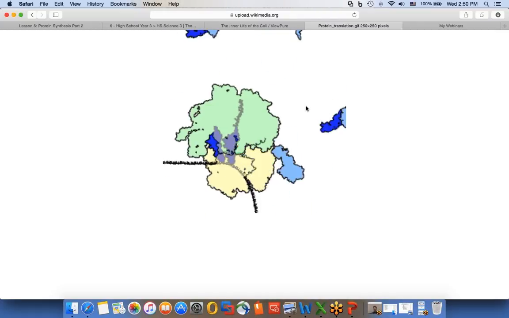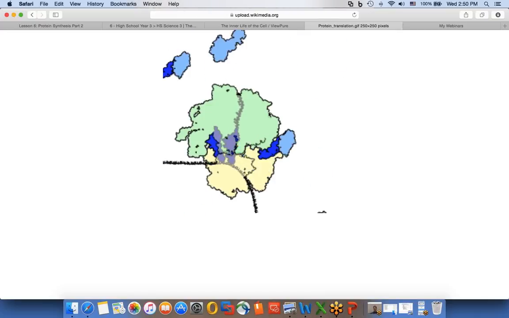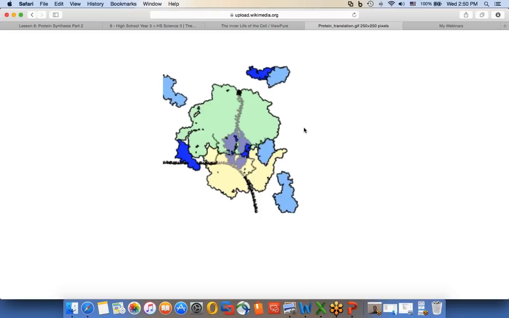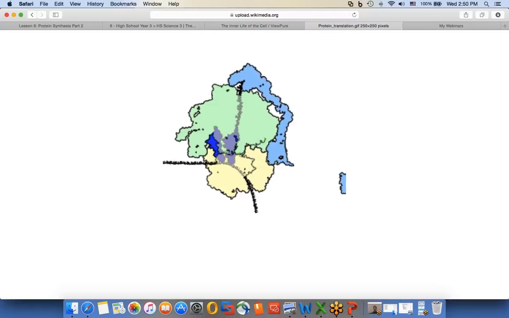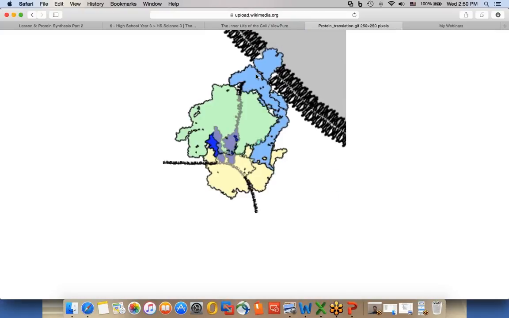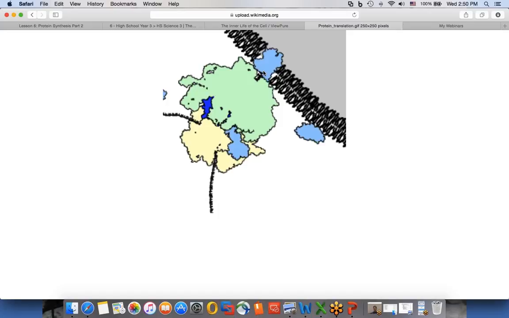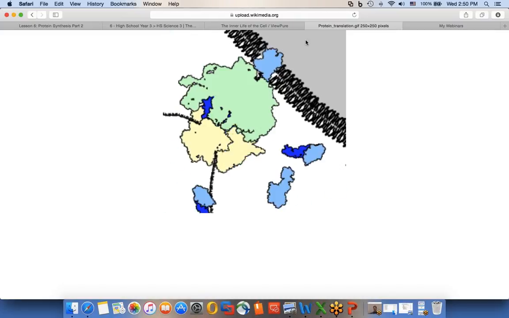And again, all the light blue things are proteins that have different functions. Some proteins bring the transfer RNA in, others can push it. This protein here stops the process to attach to the ER membrane. This one just connects, and this one processes the amino acid chain into the ER to form the protein.